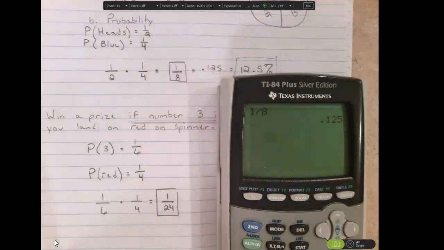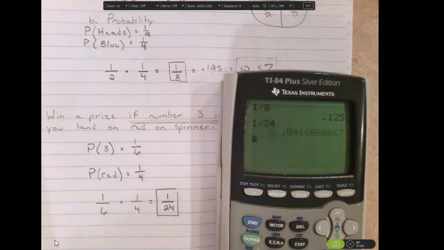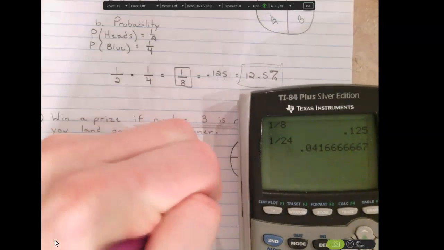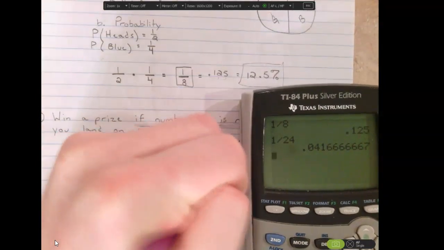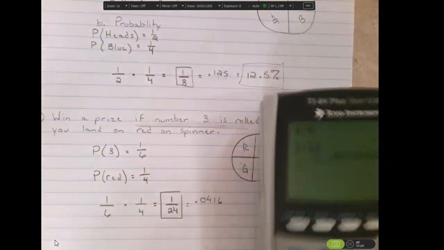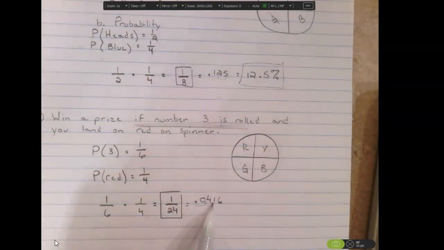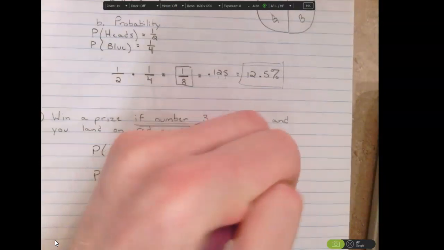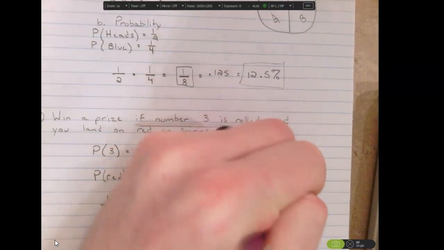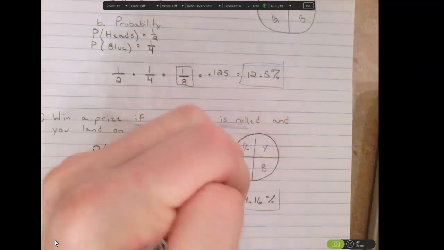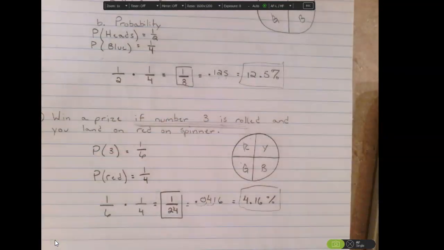And again, I could go through, find the percentage, which I want you to do on all of these. This one's going to be equal to 0.0416. Turn this into a percentage. Move your decimal 2 spots to the right, equal to 4.16%. So again, another low percentage here.